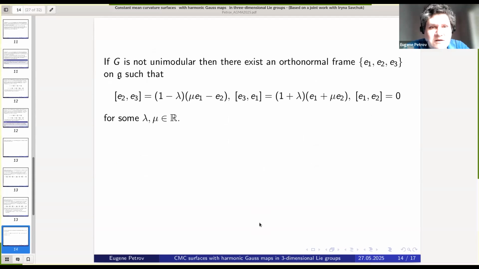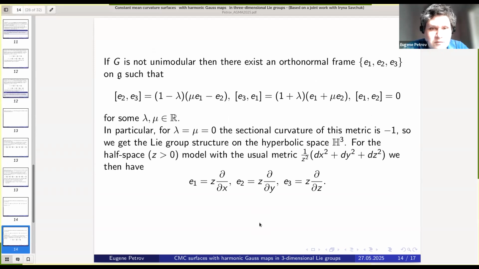And finally, for the non-unimodular case, we have again due to Milnor the structure of this form. So we have an orthonormal frame with the following brackets for some real lambda and mu. Again, we can get some pretty messy formulas, but one of the interesting cases is, of course, the case of hyperbolic space, of the Lie group structure on the hyperbolic space.